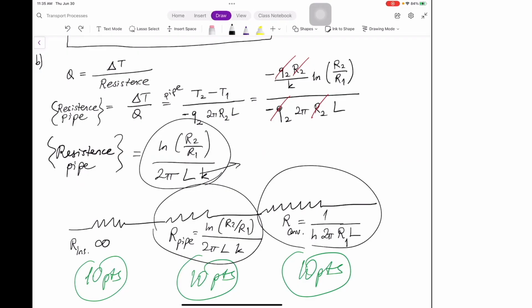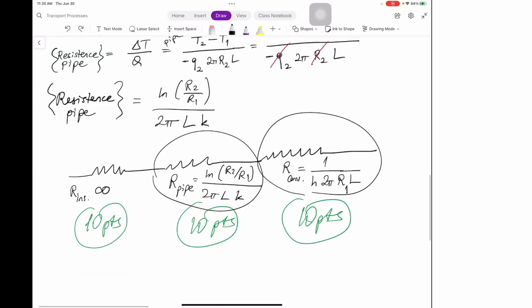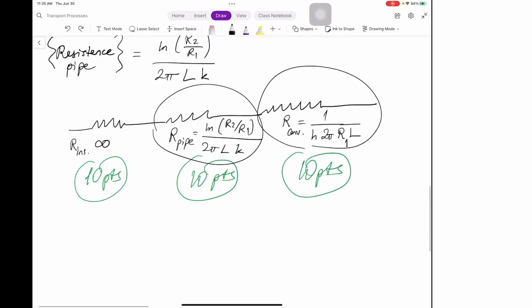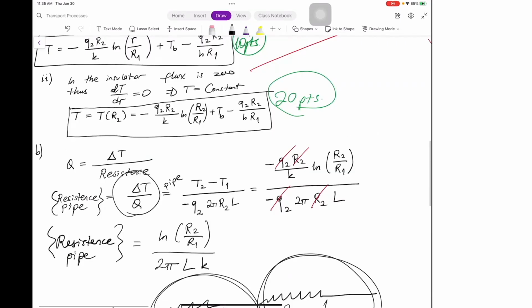So you should particularly say that the insulator should have an infinite resistance. Okay, so this is for the pipe, and this is for the convection. You can actually write it down from your notes even, or you can rederive it based on this equation if you like.